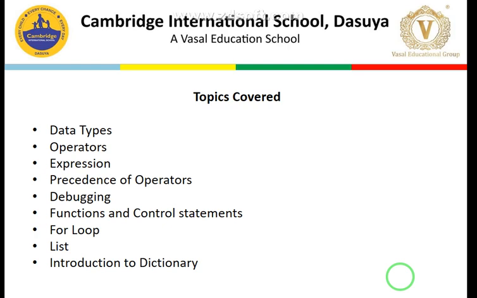Then the built-in functions and control statements, if else. Then we covered looping, what iteration is and how the for loop is used. And then we covered two important data types, list and dictionary. The difference between list and dictionary is that list is an ordered data type and dictionary is an unordered data type.